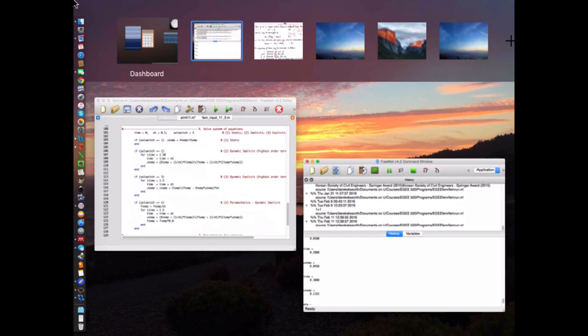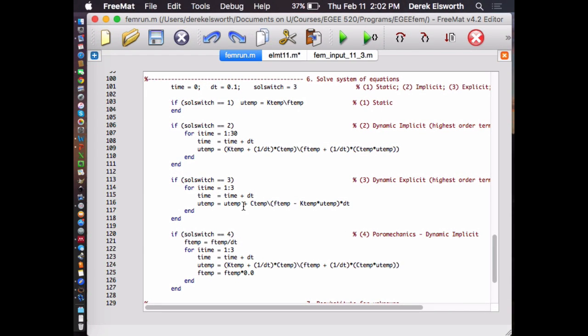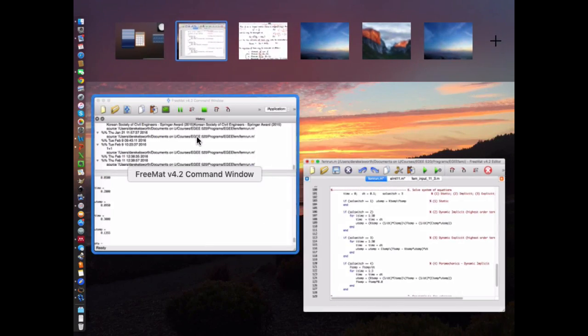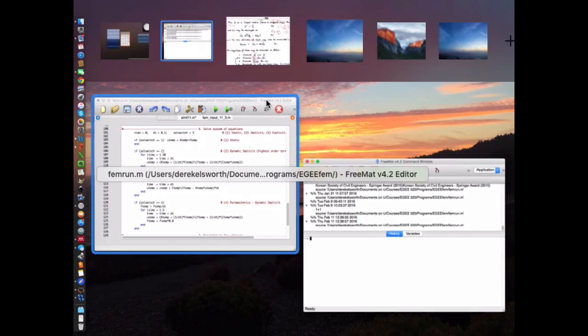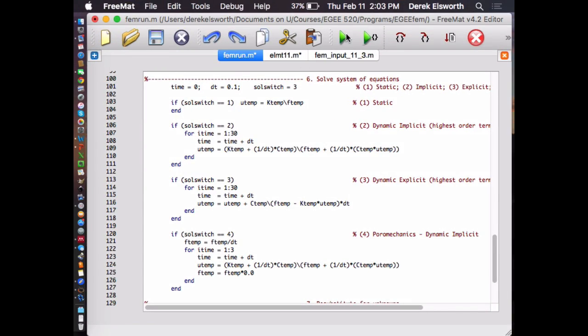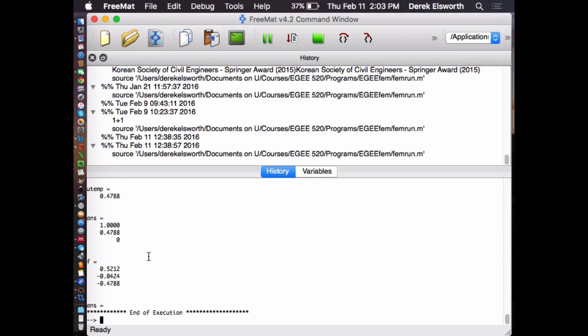If we change it so that we actually do 30 time steps, and I zero it, or clear it, then hopefully it should run to the case where, well, not far off. It's 0.4788, and I guess it was 30 time steps, each at 0.1 of a second, so that's 3 seconds.